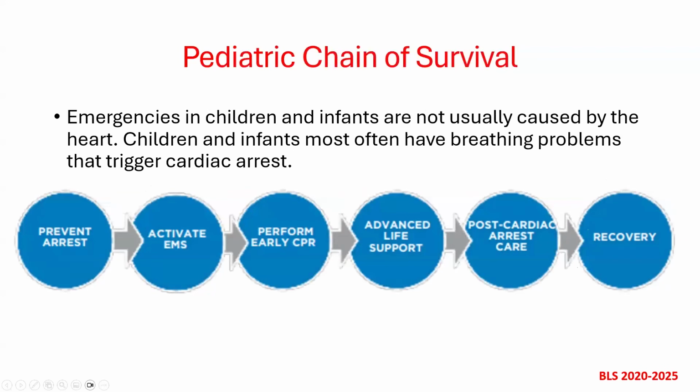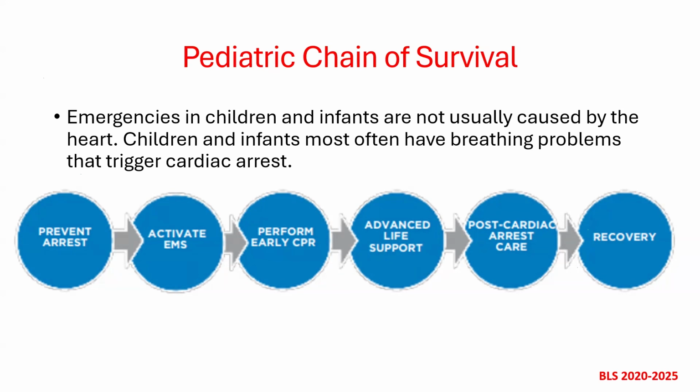In pediatrics, it is a little bit different, because the most common cause of cardiac arrest in adults is cardiac. In emergencies, arrest in children and infants is not usually caused by the heart. Children and infants most often have breathing problems that trigger cardiac arrest. So, preventing arrest is very important in pediatrics.